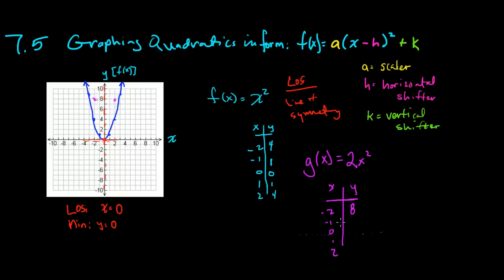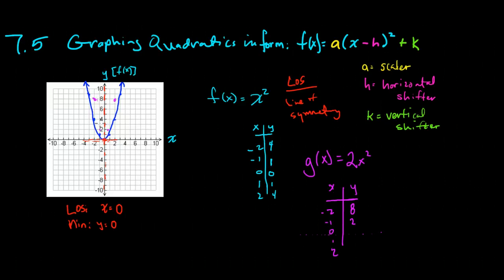Now let's try 1. 1 squared is 1 times 2 here is 2. So I have this value here at negative 1 and 2, and I also have this value here at positive 1 and 2.